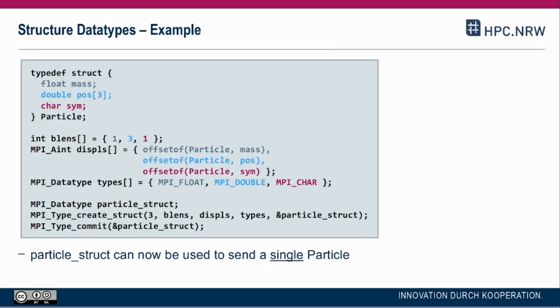Okay. So what we actually need to do here, because we want to send a single particle now, is we actually have to commit this, not just create the struct. The rest is basically the same.